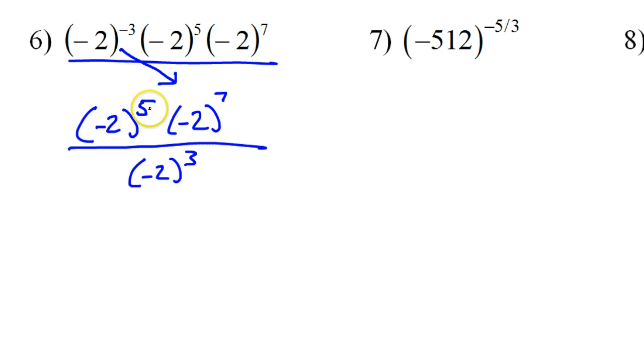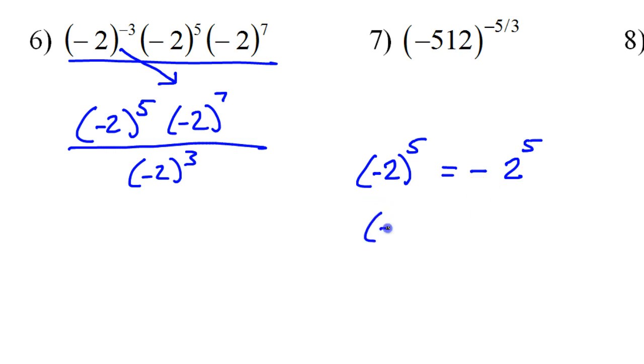Now, when you have a negative number raised to a power, sometimes the negative stays, and sometimes the negative goes away. If you have an odd power like 5, the negative stays. So this is going to be the same thing as negative 2 to the 5th power.